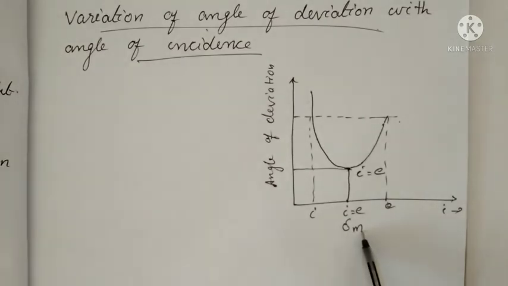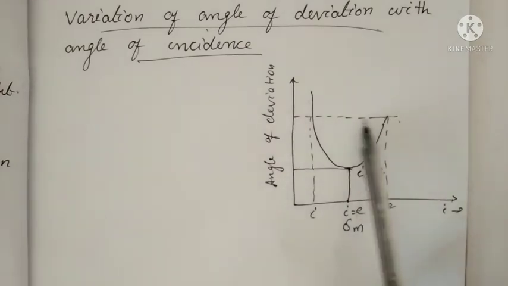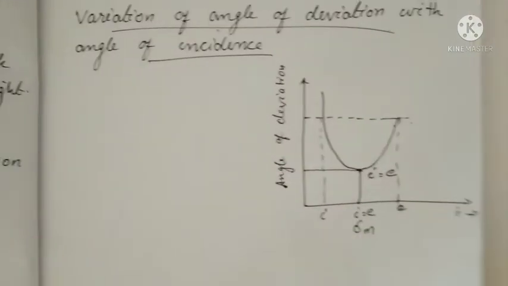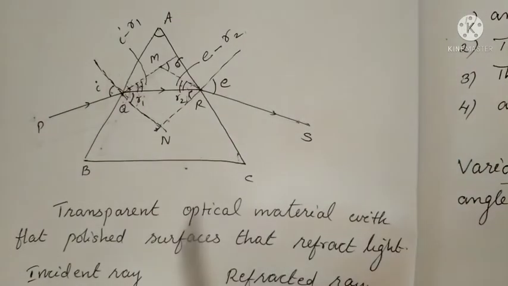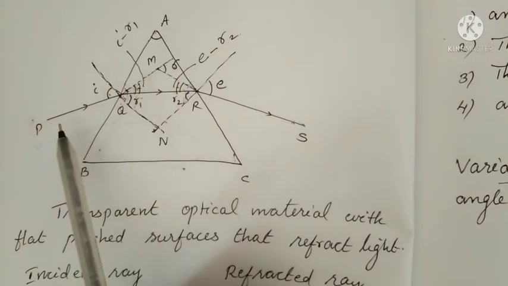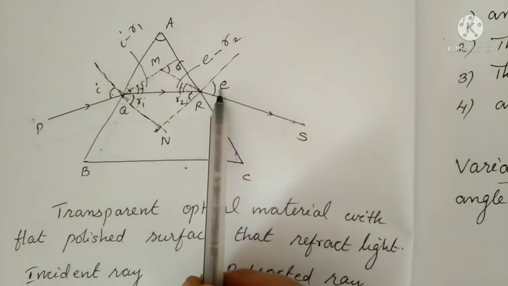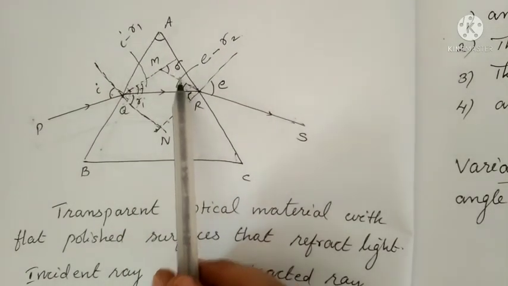It is represented by delta M. In the figure you can observe that for a value of angle of deviation, there are two values of angle of incidence. That is the angle of incidence I, and this is the angle of emergence E. This delta remains the same when I and E are interchanged. It means that the path of the ray can be traced back. When the ray of light passes from left to right, this is the angle of incidence, this is the angle of emergence and this is the angle of deviation.